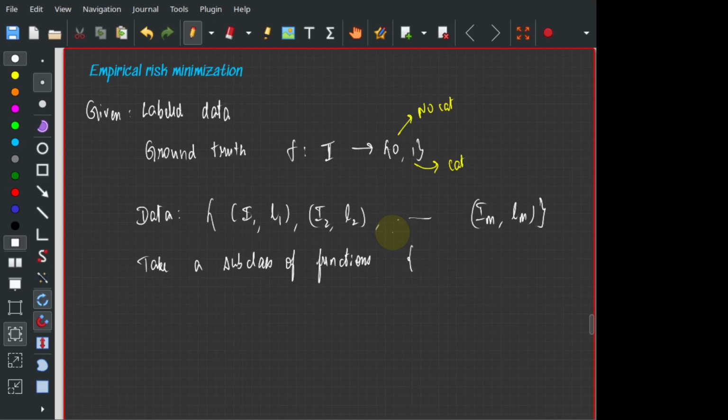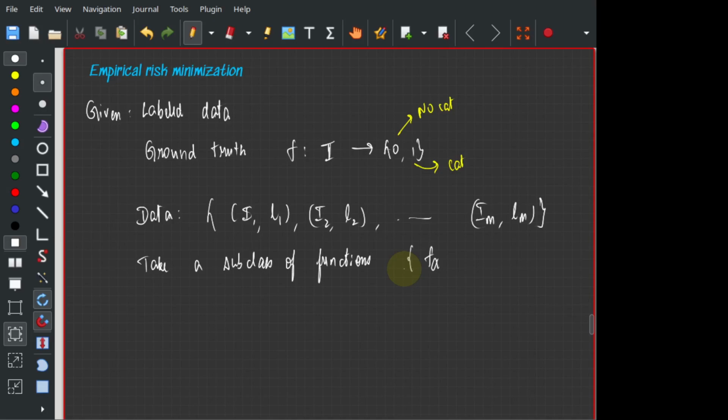Or it could be a slightly wider class. You could think of the set of all polynomials of a certain degree, or what is more commonly used, the set of all possible neural networks of certain parameter sizes with certain hyperparameters. There are certain parameters that we can choose in these functions.